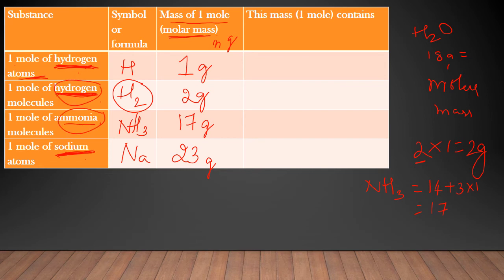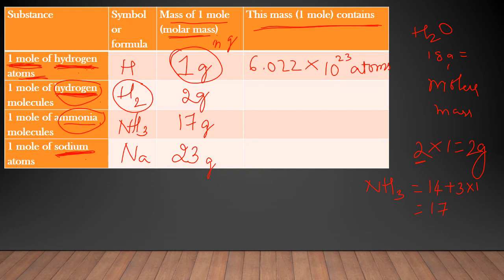Now let us see how many atoms or molecules they contain. Since hydrogen is an element, it contains 6.022 into 10 raised to 23 atoms. It is 1 mole. This number does not matter now. We are talking about this mole.